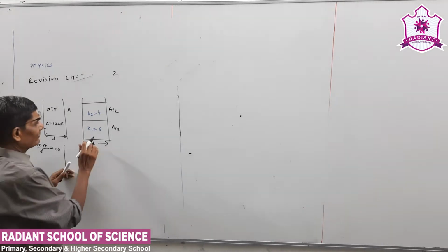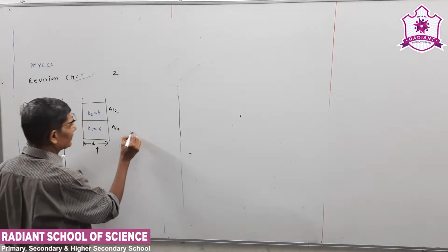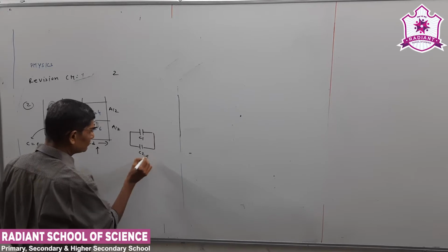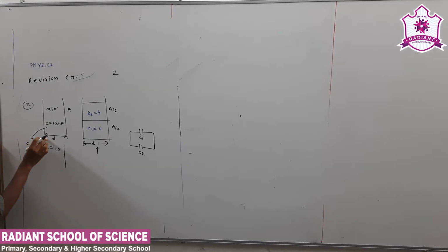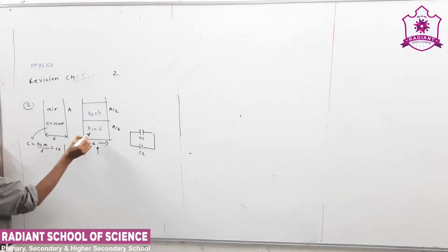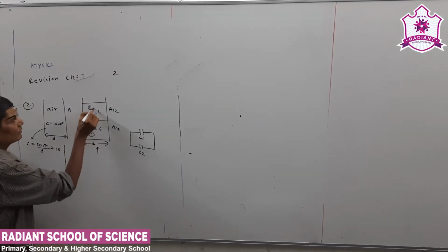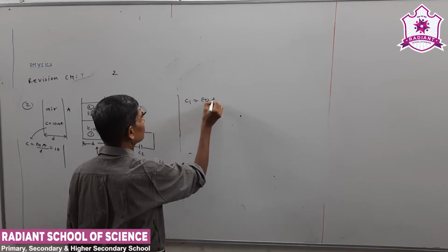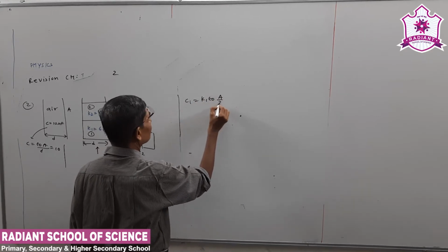Now see, going by d, here there will be two capacitors which are in parallel. This will be C1 and this will be C2. Now what is our formula? Parallel plate capacitor C is equal to epsilon 0 A upon d. This is the first capacitor we call C1, this is the second capacitor we call C2. Now C1 will be K1 epsilon 0 A by 2 upon d.